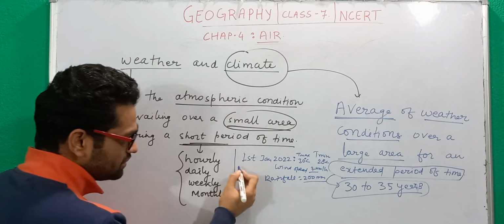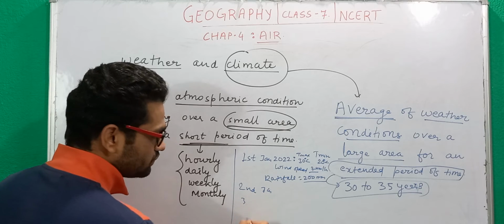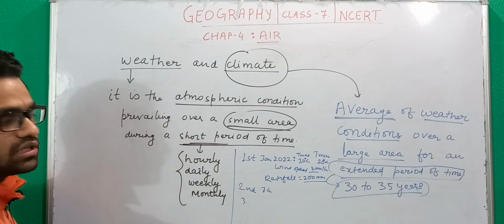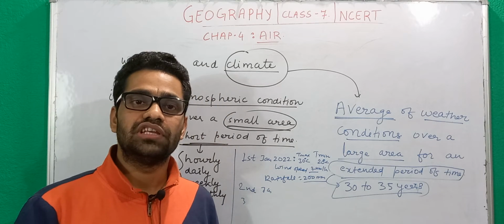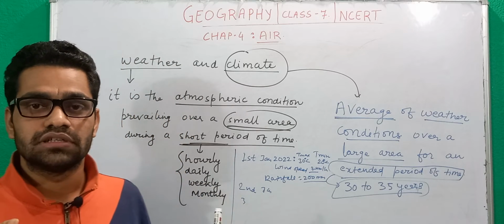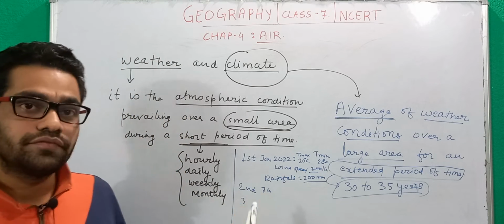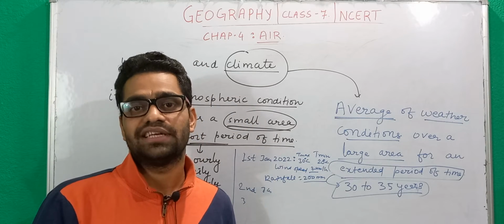Now similarly, we have the weather conditions of 2nd January, then 3rd, 4th, and the entire month of January. Then we will have February. We will calculate the average of this month. Then we will calculate the average of the entire year, and then we will calculate this average for 30 years, and then we will find a type of pattern that is prevailing.